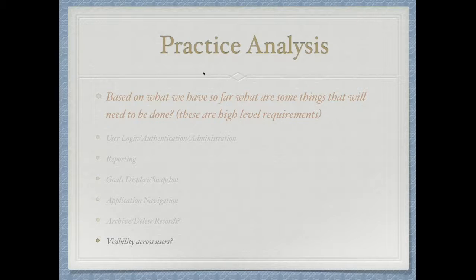So are you just talking about a public or a private account, public goals or private goals, not really teams? Okay. That and the one before it, the archive and delete records, are some things that may or may not be requirement issues.